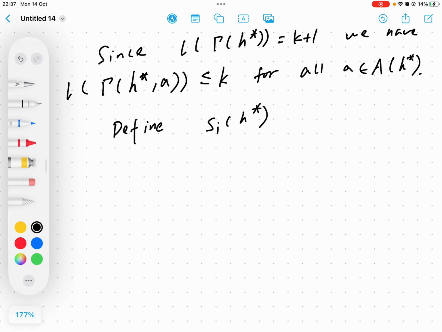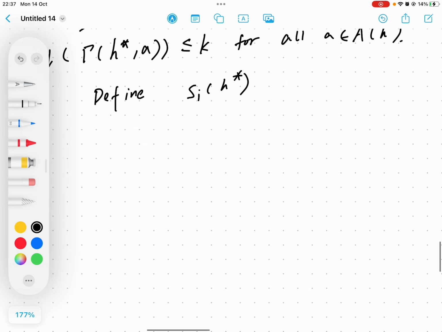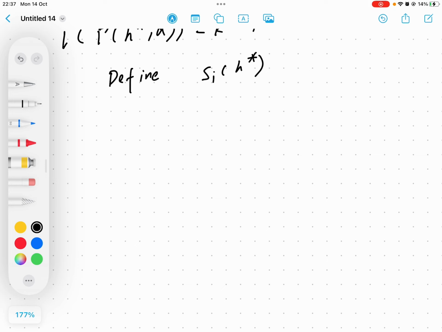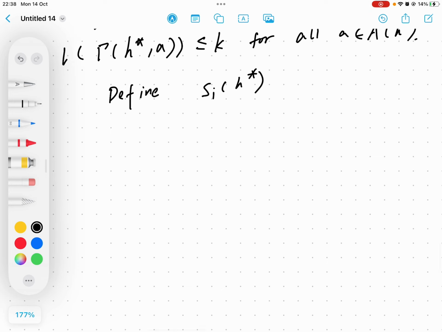Here is the most important part, where we construct the subgame perfect equilibrium strategy. We are constructing the strategy profile, specifically for each player. How we do that is to define S_i(H star) to be the one that maximizes the utility for this player, with respect to the preference relation for player i.